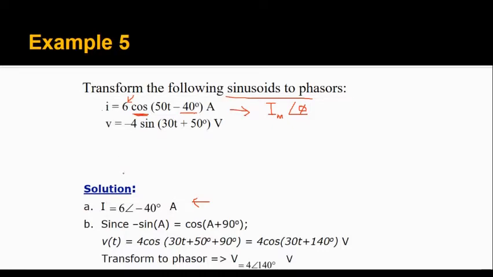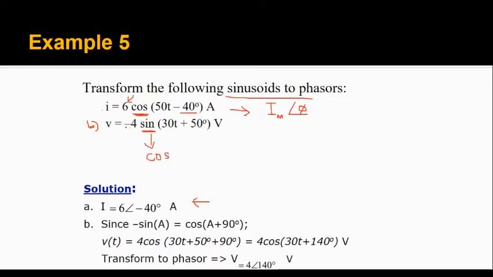But then, sorry, this is part B. B equals minus 4 sine 30t plus 50 degrees. If you look here, it is not in the cosine function, so you need to transform this into cos.